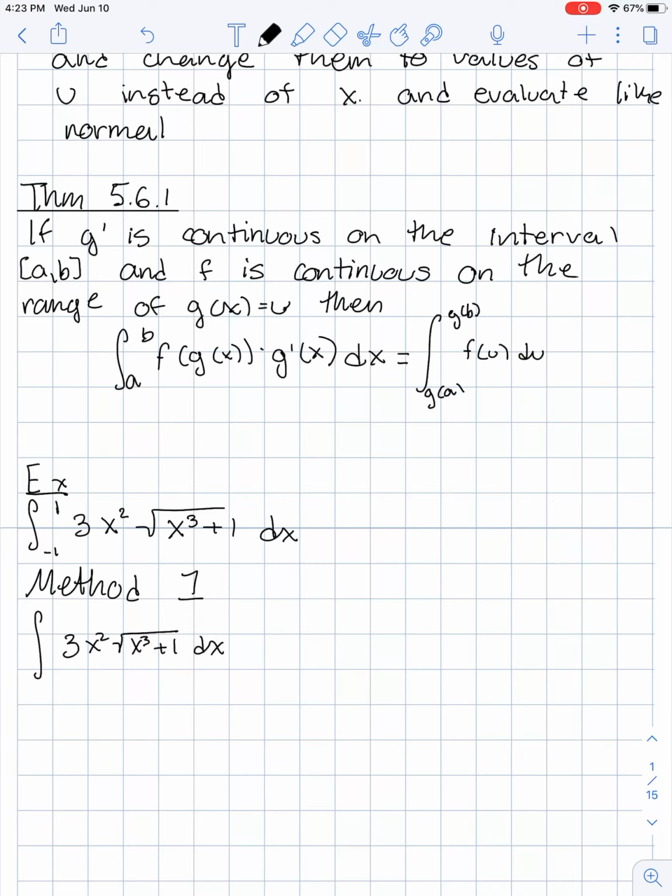All right, you can think of a and b as x values, where g of a and g of b are u values. Basically, I like to think of this as going from x to u. Choosing your u is kind of like choosing a language to translate.